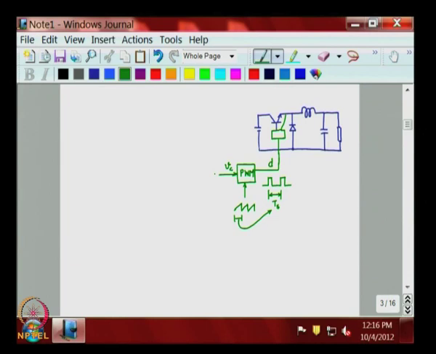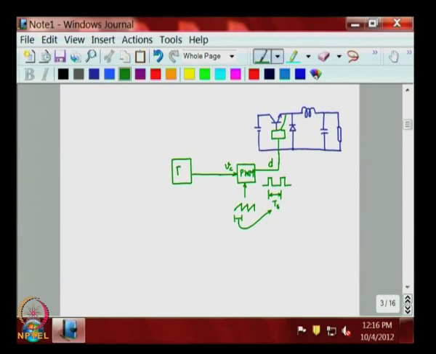Now, the output of the controller, the central portion on this. This is the controller, the output of which would be the control signal or the control voltage to the PWM or the pulse width modulator.